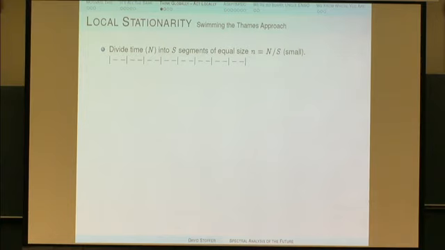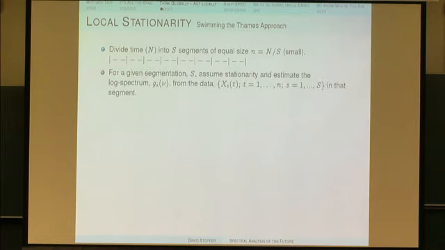So one obvious approach is you chop the data up into nice segments. And then in each segment, you assume that you're observing a stationary process. Okay, so that's hopefully approximately right. And then what you want to do is estimate the spectrum in each segment.